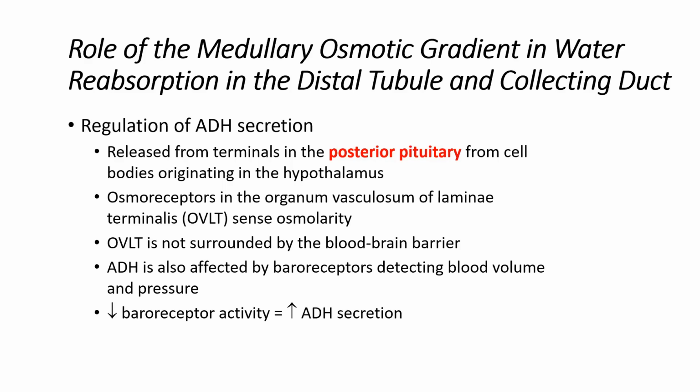So if there's little stretch being perceived by those baroreceptors because of low blood volume, they're going to send signals to the posterior pituitary to have that ADH released. And ADH will go to the kidneys by the mechanisms that we just described, help to reabsorb more fluid, and that will help to increase our plasma volume and therefore increase our blood pressure. Okay.